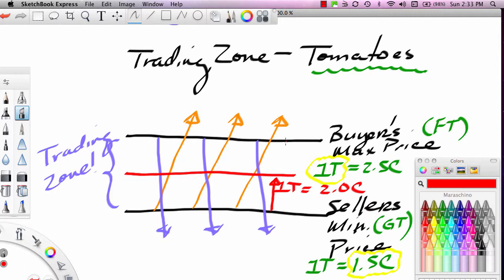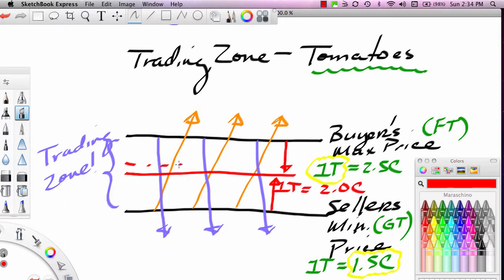Would he be willing to pay something less than 2.5 corn for a tomato? And the answer is yes. So he'd be very happy to pay 2 corn for a tomato because he's after tomatoes and he wants to pay as little as possible for that product. So we can see that the exchange rate of 1T equals 2C, while it falls right in the middle, and we'll talk about that further, it is an exchange rate, one of many that could work anywhere in this zone.